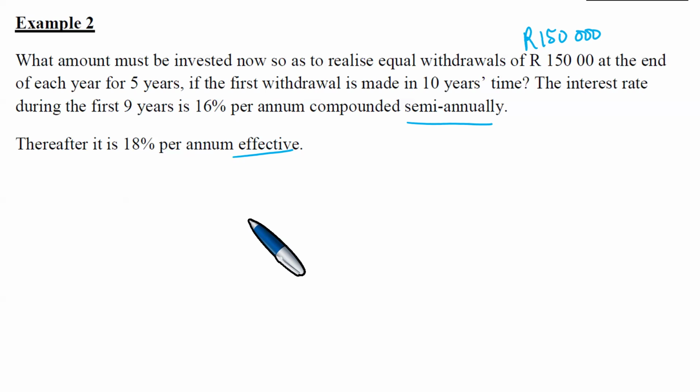I'm not sure if I'm right though. Okay, what do you think? So I feel like the 150,000 is for the first 5 years, and then we look for the value of x.